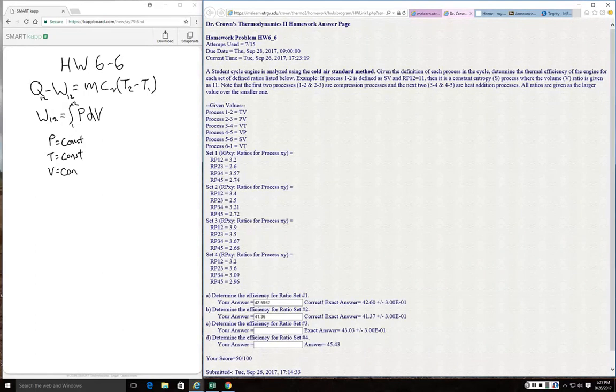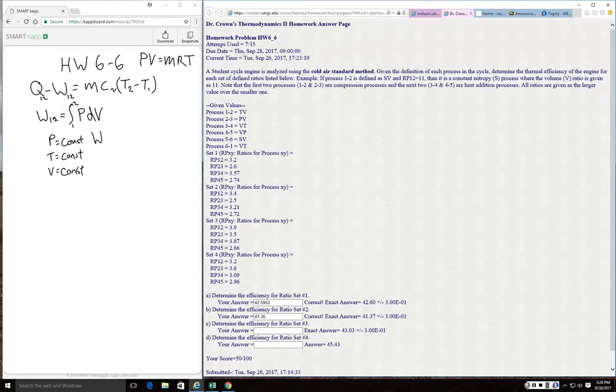One more equation I'm going to write up here at the top is that PV equals MRT. So we're assuming constant specific heats, air is an ideal gas, and then making some other assumptions for each process. So let's start with, what if the pressure was constant for some process? Then the pressure could come outside the integral.